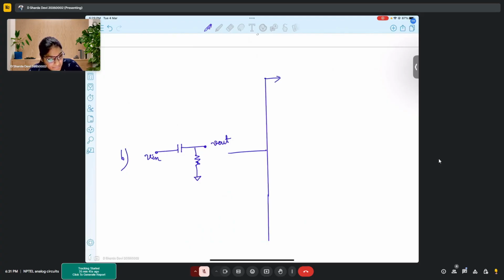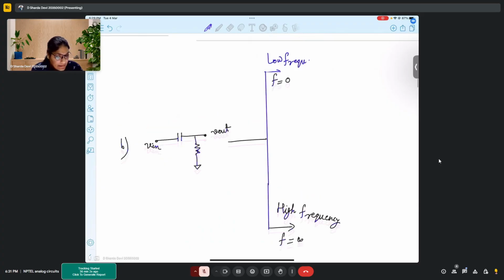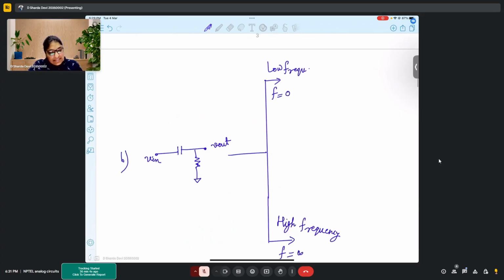So let's start with the low frequency condition again. Capacitor behaves in a similar way. Now, if my frequency is 0, in low frequency, as we discussed, the capacitor becomes an open circuit, right?